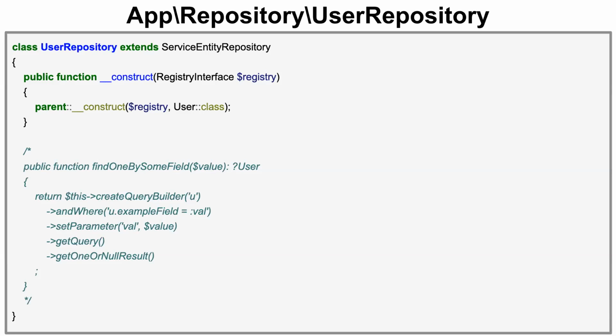You want to have all of your queries isolated into this layer, and then your service layer and controllers will just call methods on this repository. Here we got that repository generated by default, and it contains this commented out method as an example that you can follow.